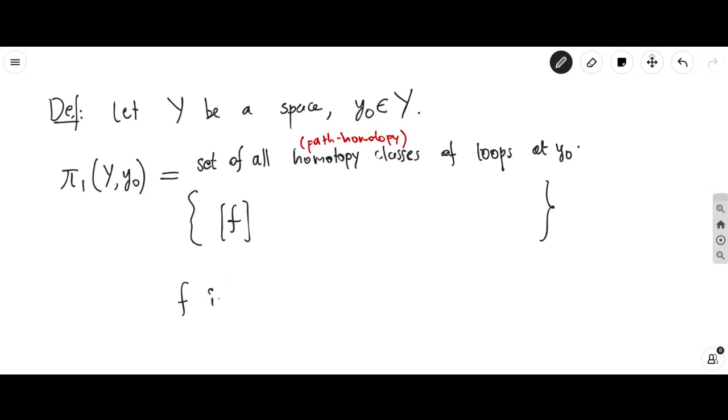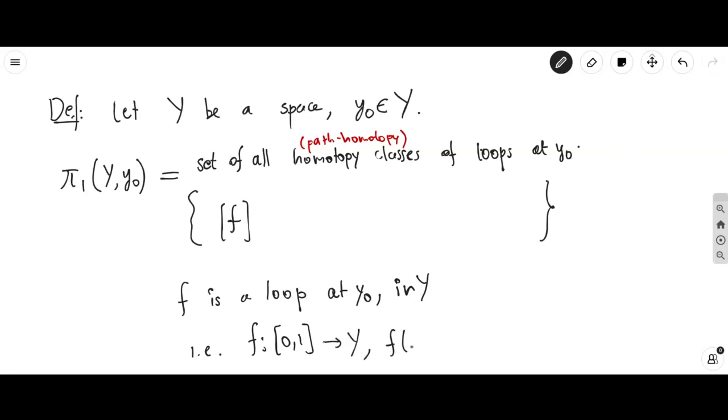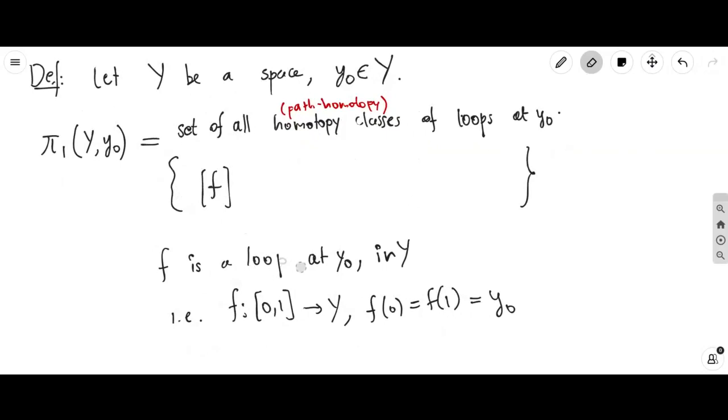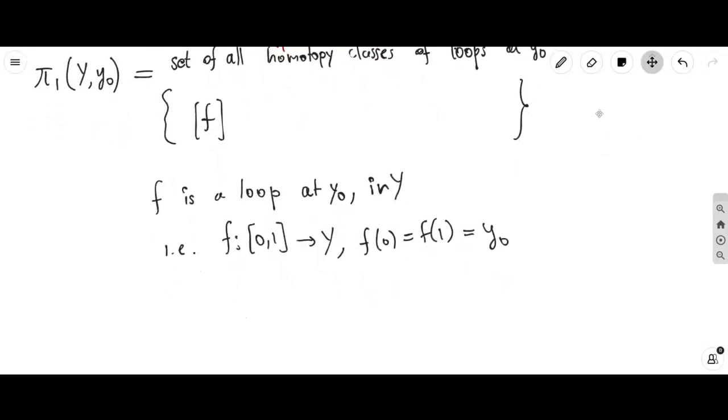F is a loop at Y0, a loop in Y. That just means that F is a path, a mapping from [0,1] into your space, and F(0) and F(1) are the same because it's a closed loop, and they're both equal to Y0. So that's what we mean by a loop. And the equivalence class of F will represent not just F, but everything that can be homotoped into F.